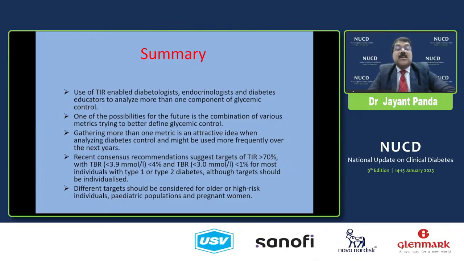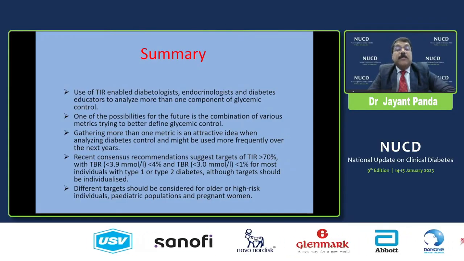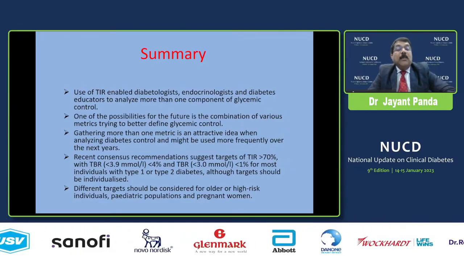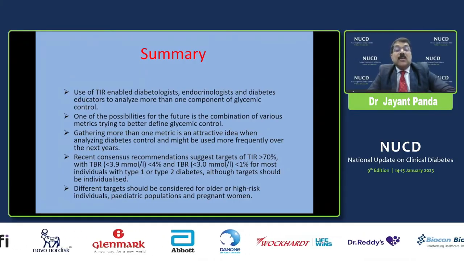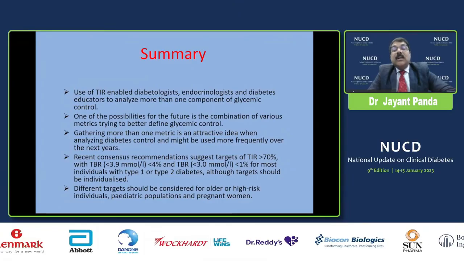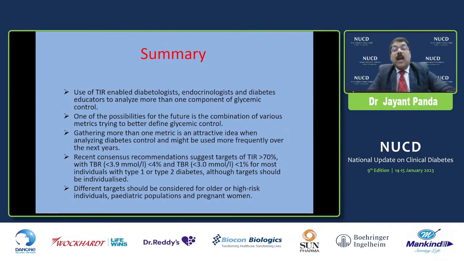The recent consensus recommendations suggest TIR more than 70%, TBR less than 3.9 millimole per liter, less than 4%, that's around 70 milligram percent, and less than 3 millimole per liter, less than 1% for most individuals with type 1 or type 2 diabetes.